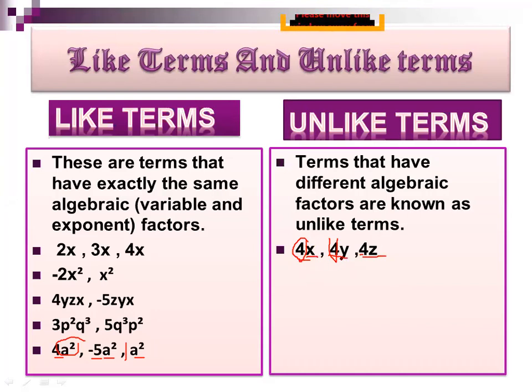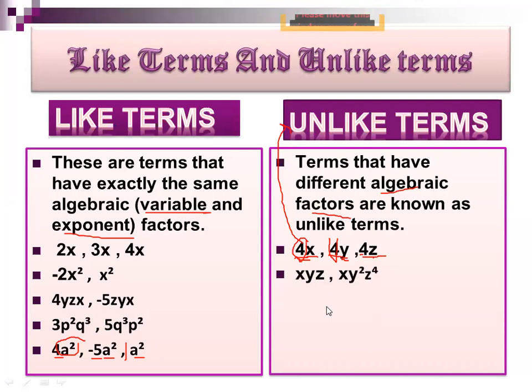Here is x, here is y, and here is z. So we will say these are unlike terms because we consider only the algebraic factors, that is variable and exponent. We are not going to consider the coefficients. If the variable and exponents are the same, that is a like term. If the variables and exponents are different, those are unlike terms.